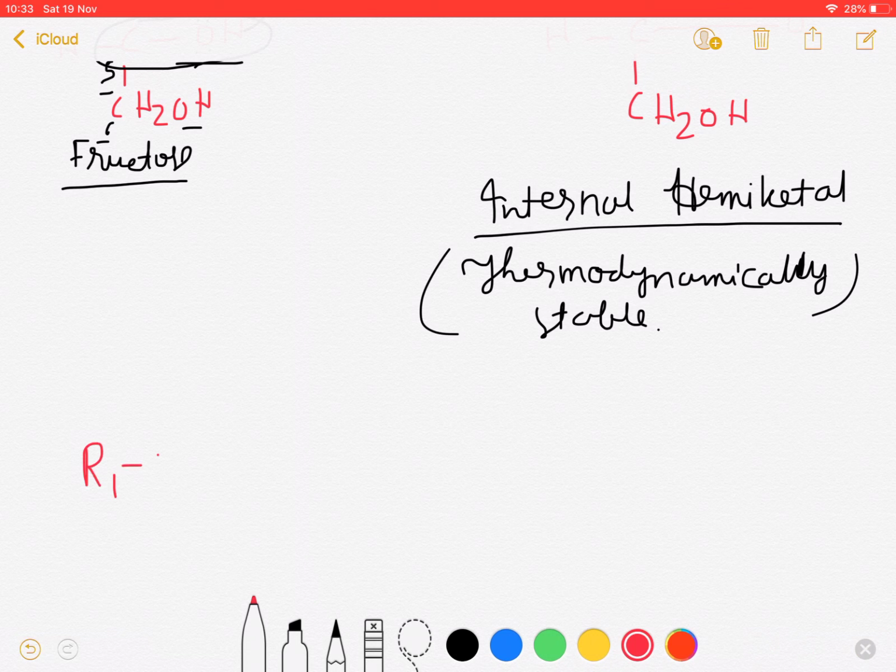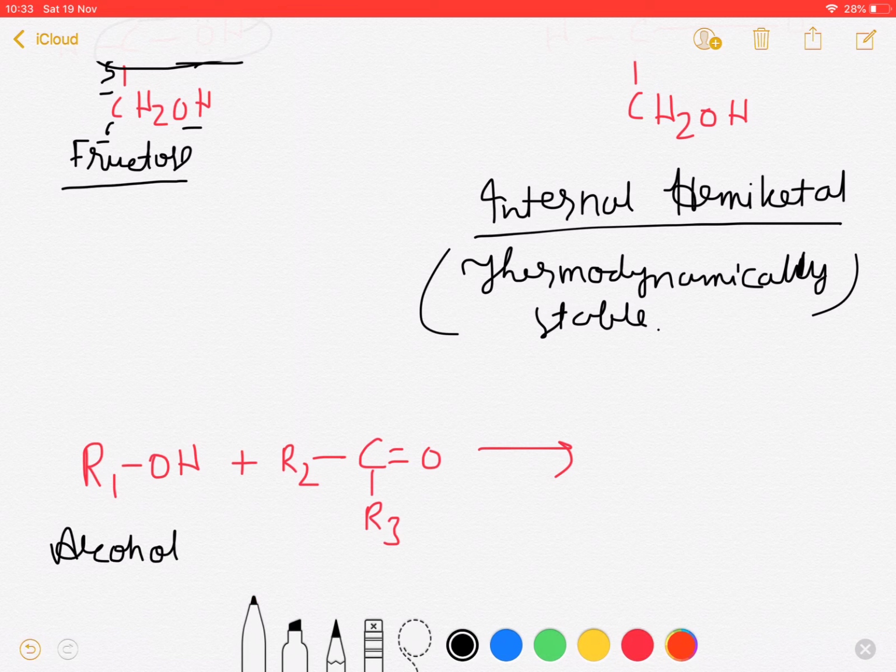Suppose R1OH reacts with a ketone. The ketone is something like this: C=O, with R2 and R3 connected to it. This is the alcohol and this is the ketone. When the alcohol and ketone react with each other, a hemiketal is formed.